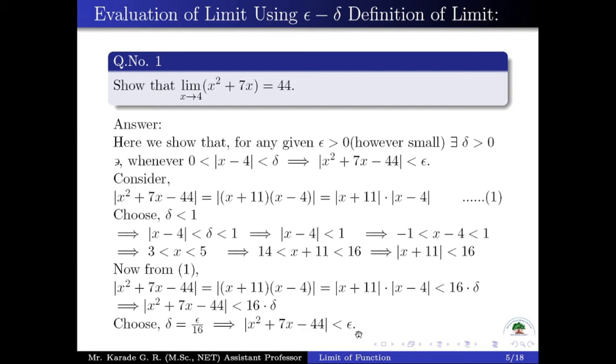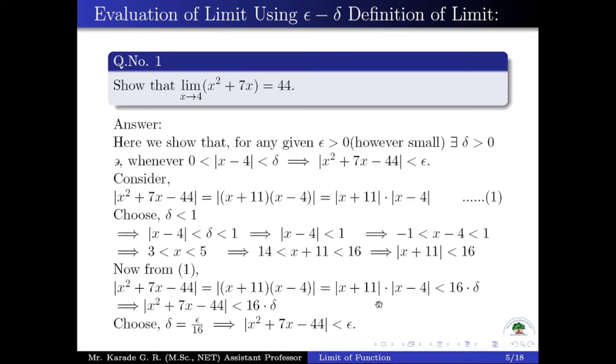So for a given epsilon, we show that there exists a delta greater than 0. This is the existence of delta. You give me any epsilon greater than 0, I have a delta greater than 0, and like this we satisfy this condition.